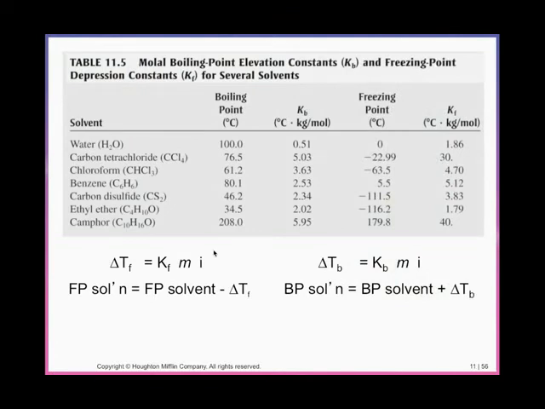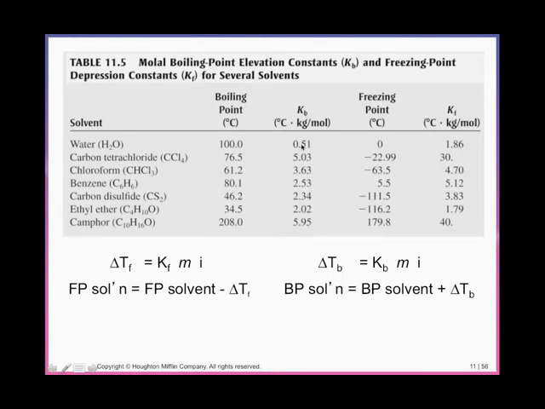And this is the table that you'll find in your textbook that lists the boiling point constant. You see it looks like it has funny units, degrees times kilograms per mole. Well, kilograms per mole is really divided by molality, so it's really degrees per molal. Here's the normal freezing point, and then here's the Kf, freezing point constant. So let's look at water.